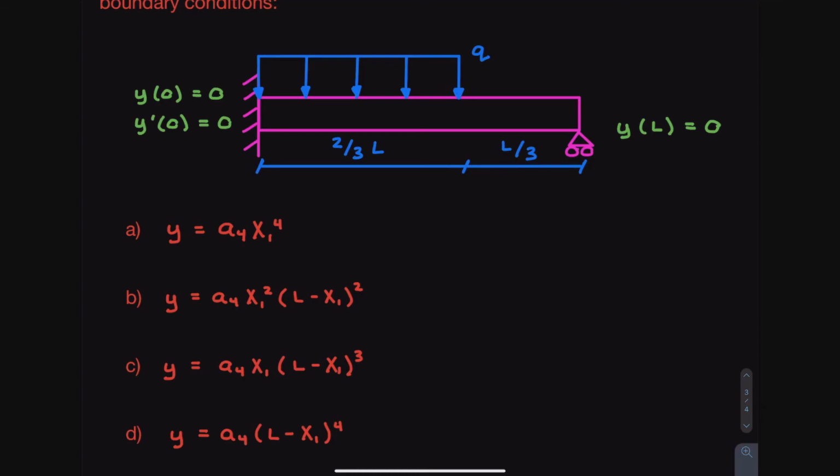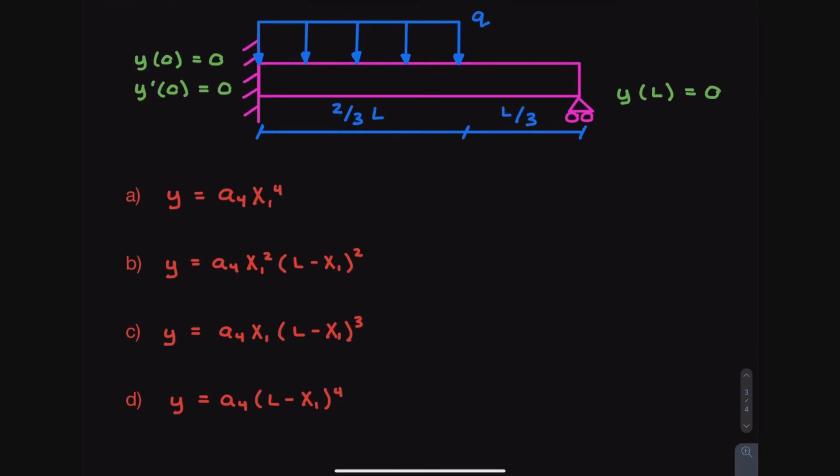So in this loading scenario, we have 3 essential boundary conditions that must be met by our approximation equation. All we're going to do is look at these 4 approximation equations, and if they violate the essential boundary conditions, we know they are wrong. I'm going to scroll down and look at A, where y is equal to a4 multiplied by x to the 4th.